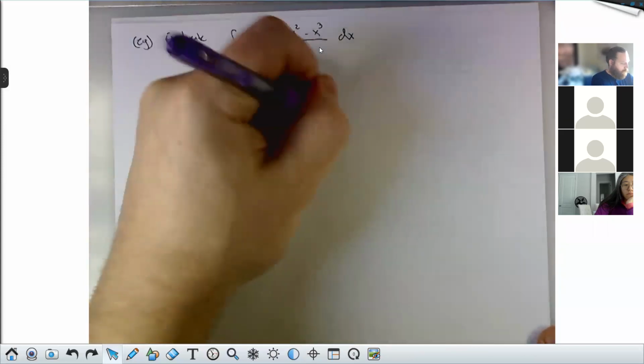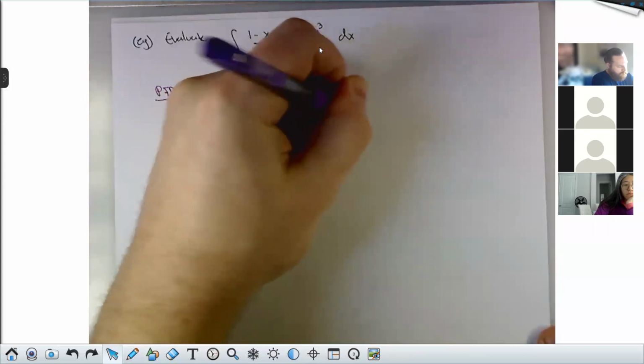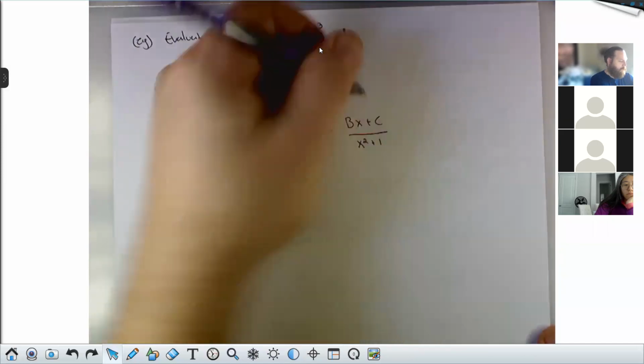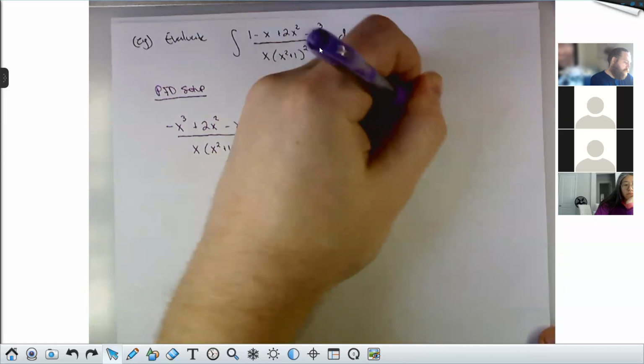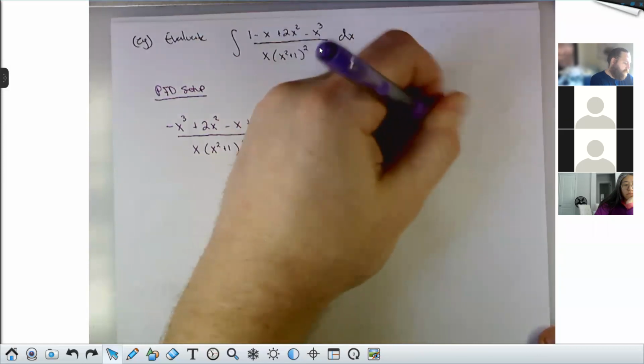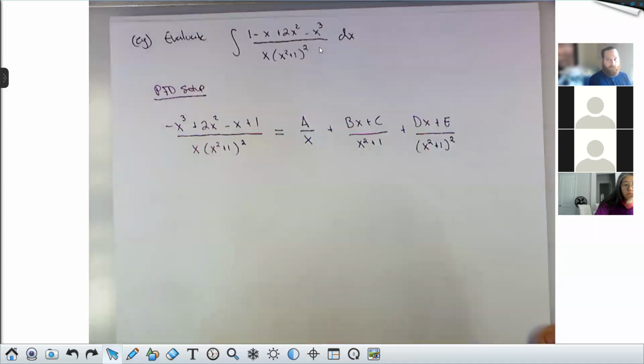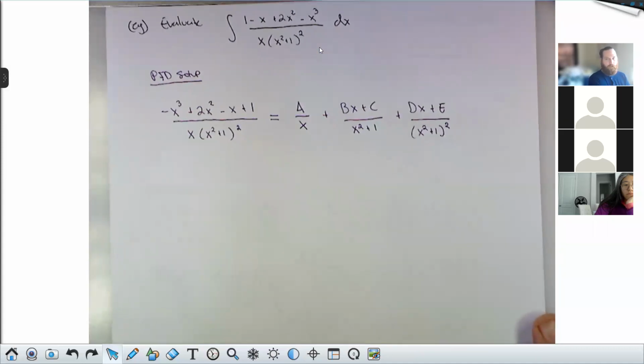Then this irreducible quadratic, which is repeated, will give me Bx plus C over x squared plus 1, plus Dx plus E over quantity x squared plus 1 squared. That is the correct partial fractions setup for this function.